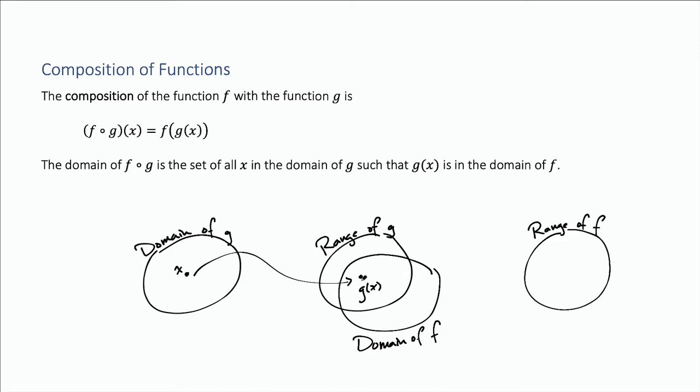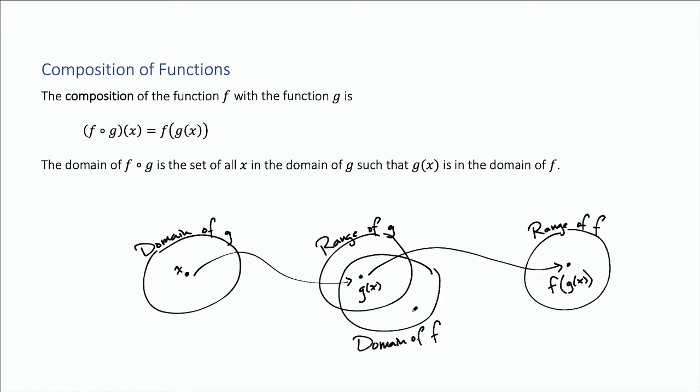Now I'm going to take this g of x. Notice that I've drawn it so that it's in the domain of f. So we could take that and send it over here, and this here is f of g of x. So notice that our domain of g may go to everything here, but some things in the range of g are not in the domain of f.